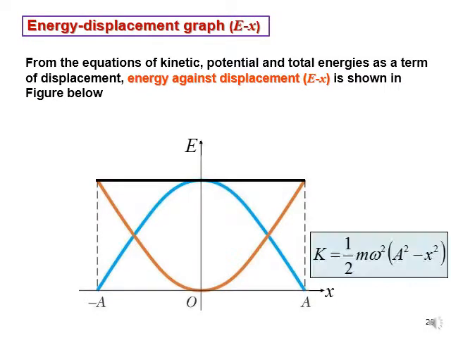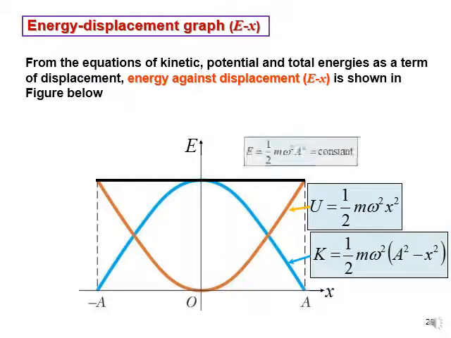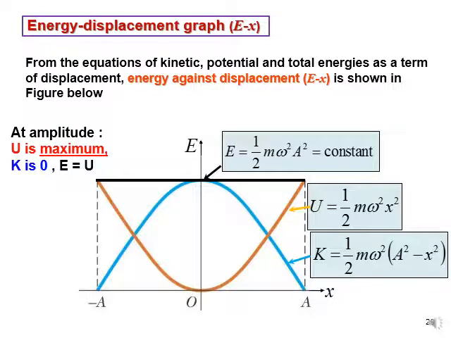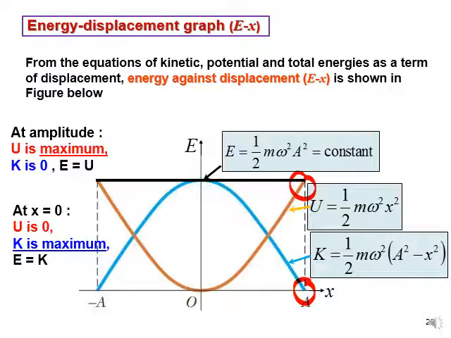This is the graph of kinetic energy K. This is the graph of potential energy U, and this is the shape of the graph for total energy E. From the graph at amplitude U is maximum, K is 0, and E is equal to U. But when x is equal to 0, U becomes 0, K becomes maximum, and E is equal to K.